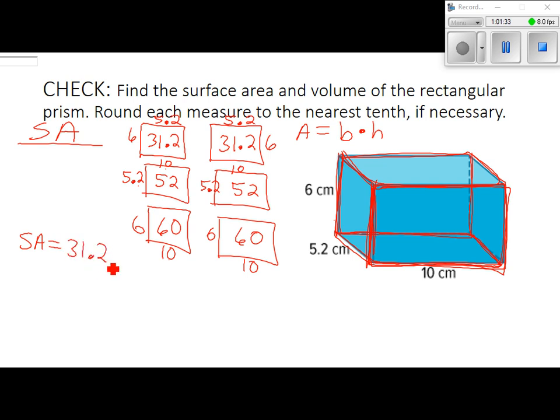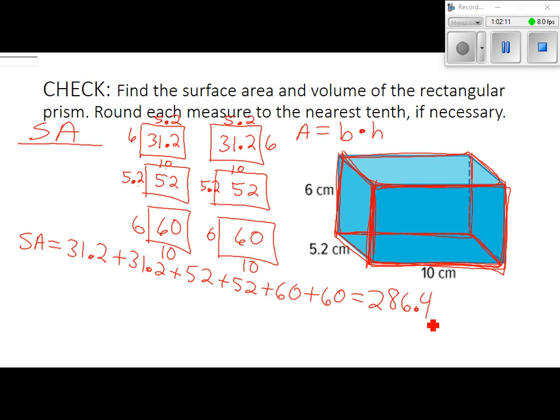To find the surface area, you add all those: 31.2 plus 31.2 plus 52 plus 52 plus 60 plus 60. If you can do some of this in your head, go right ahead. If not, type it into your calculator, and I end up with 286.4.